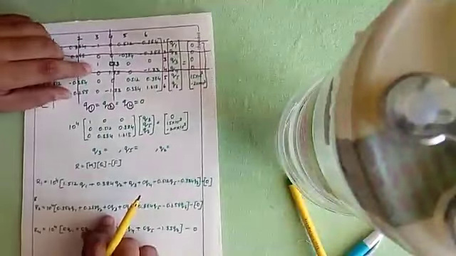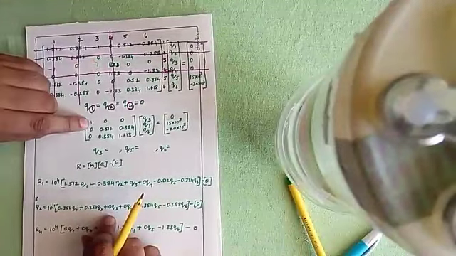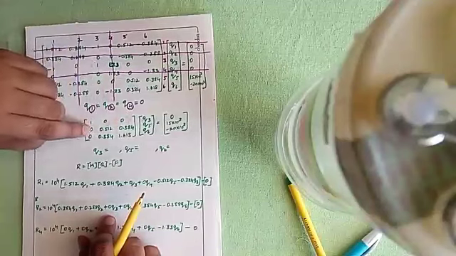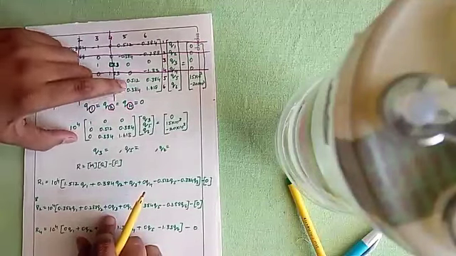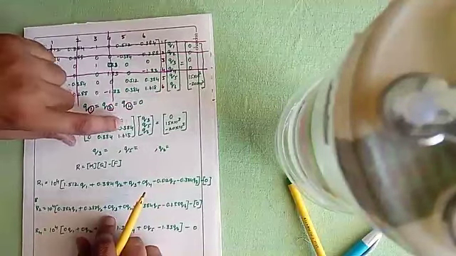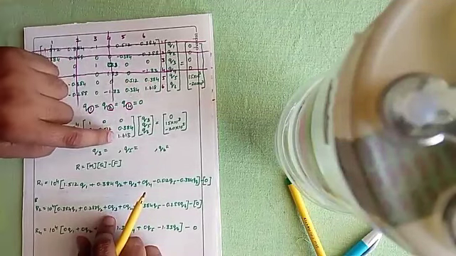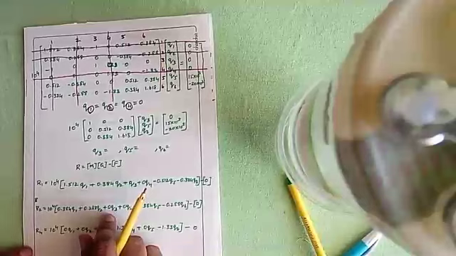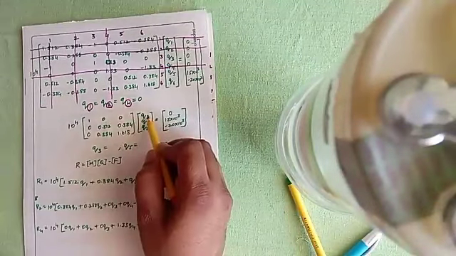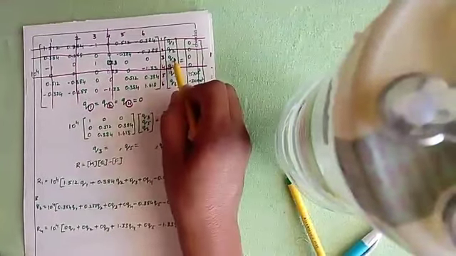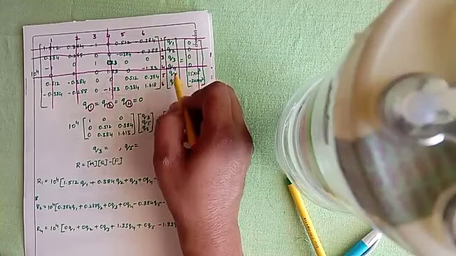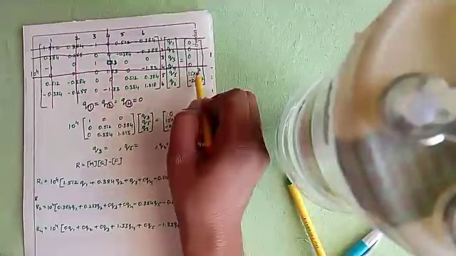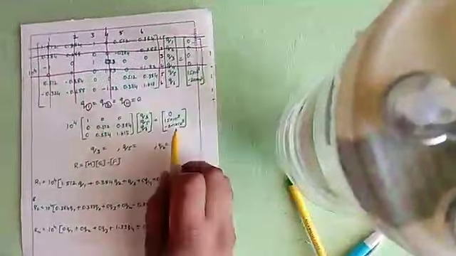Now we have left with 1, 0, 0, 0, 0, 0, 0 and 0.512, 0.384, 0.512, 0.384, and 0.384, 1.618, 1.618. I have written those values. In this matrix, we have left with Q3, Q5, and Q6. Here you have 0, 15 into 10 power 3, minus 20 into 10 power 3.